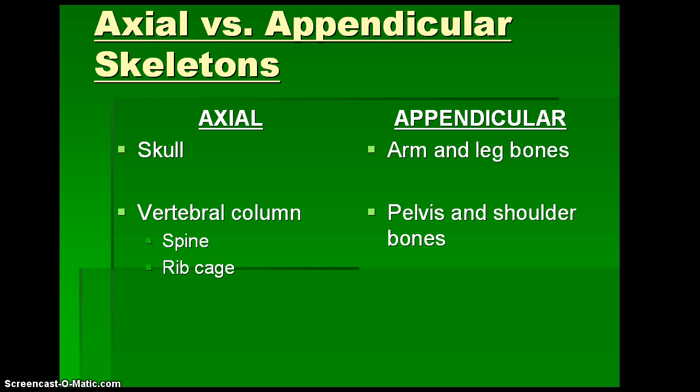The appendicular skeleton consists of the arm and leg bones, as well as the pelvis and shoulder bones, also known as the pelvic and shoulder girdles. Again, we're not going to get into specifics on bones or any of the systems because we have a short amount of time to get through the entire body.